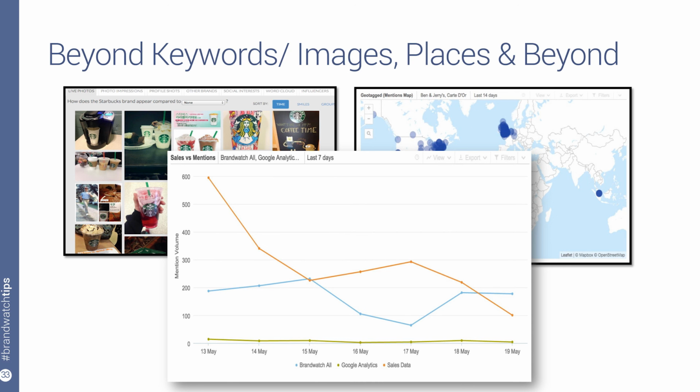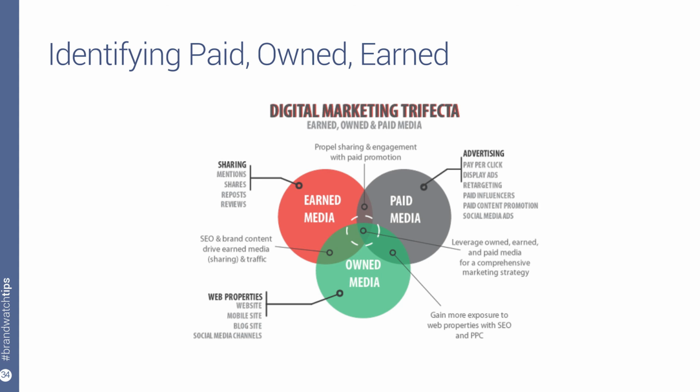And then the second, before finishing for questions, is that our stronghold here at Brandwatch has been in the earned media space. And then in recent years we've added owned media to some extent with channels, for example. So you can set up a Facebook channel, a Twitter channel in Brandwatch. What we're really seeing, and it doesn't take any kind of genius to notice this, is a big shift in social towards paid.